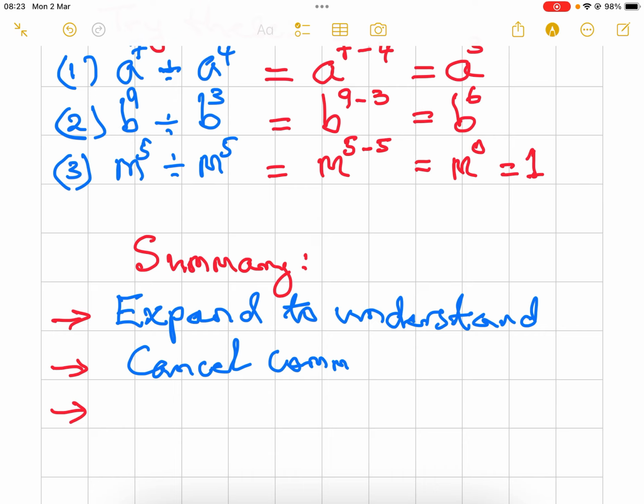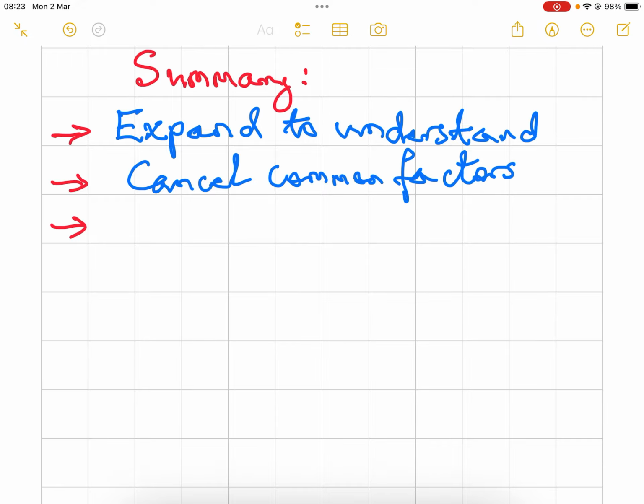We also considered that you can cancel common factors for a clearer view.